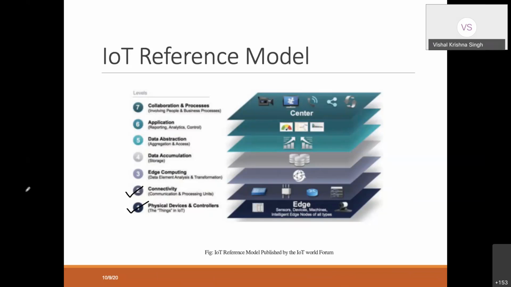So this layer ensures the connectivity between different devices, and also between the different layers of this architecture.